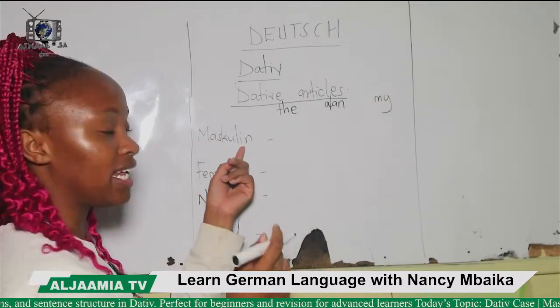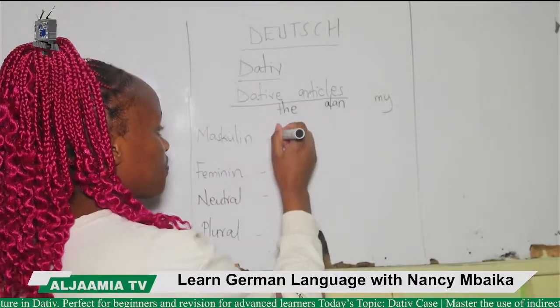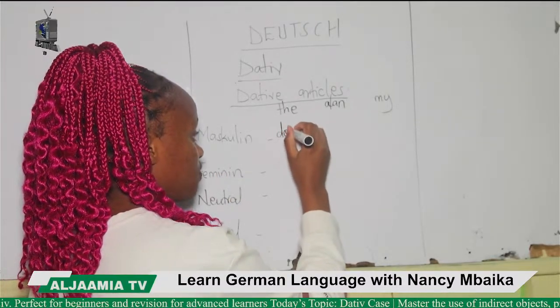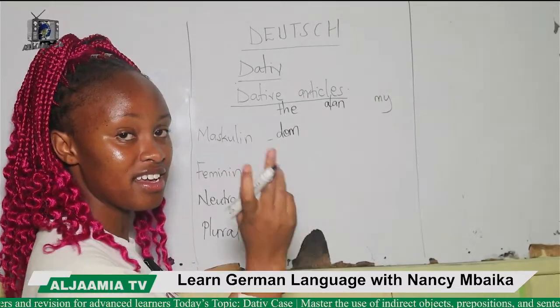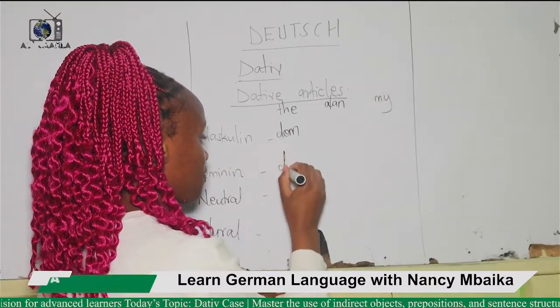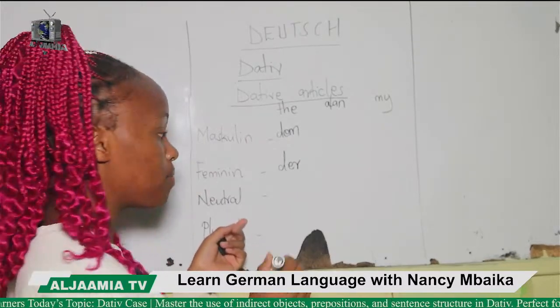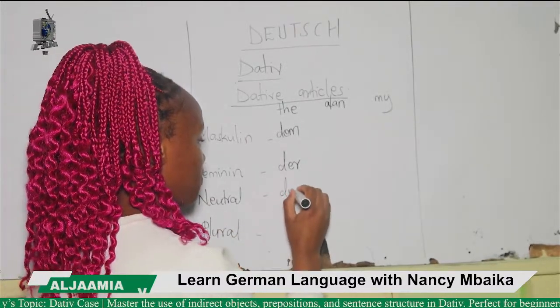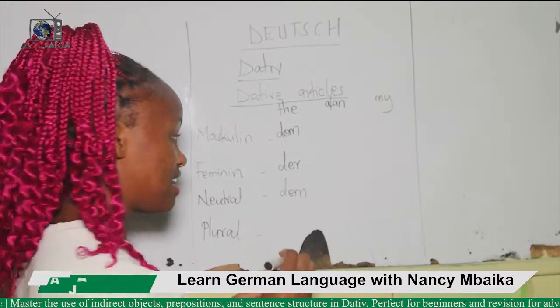So for masculine, the der in the nominative case changes to dem. For feminine, it changes from die to der. For neutral, it changes from das to dem. And also for plural, it changes from die to den.